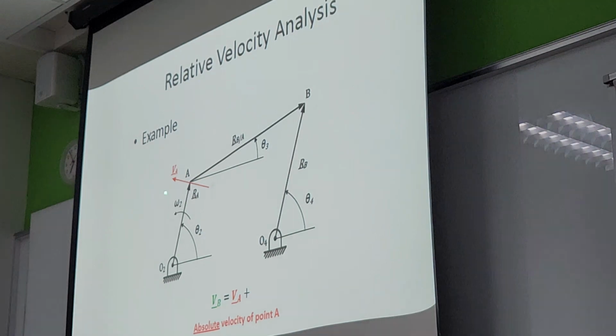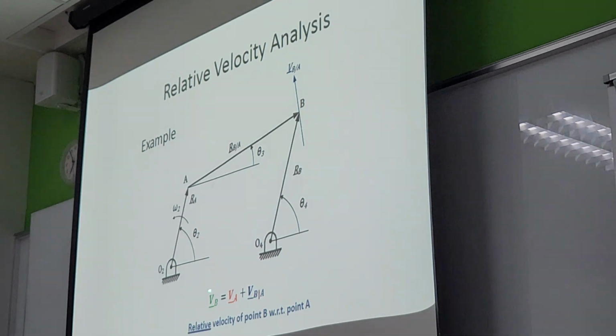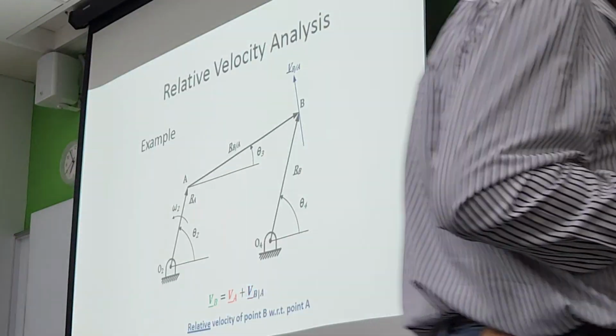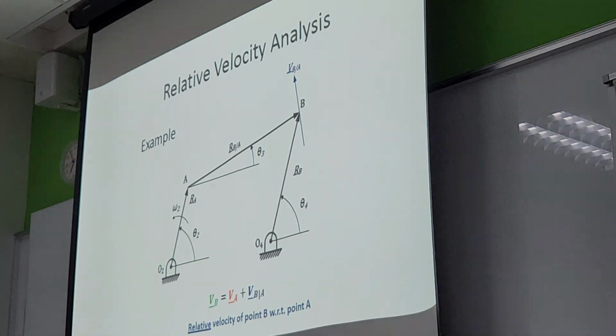In this case, we can fix the direction of velocity A because the angular velocity is given, and as it is counterclockwise, you can see the direction of velocity A. Then we write velocity B to A. This is the relative velocity equation: velocity B is velocity A plus velocity B to A. B to A will be perpendicular to the link AB.